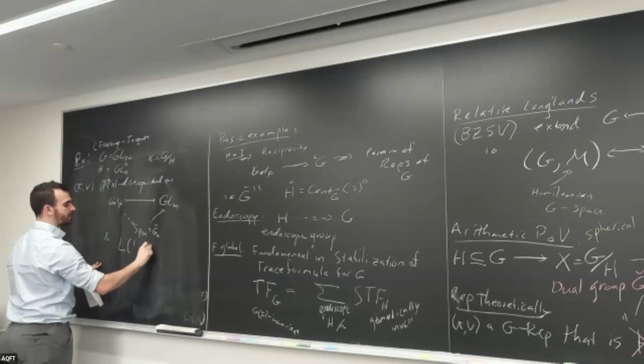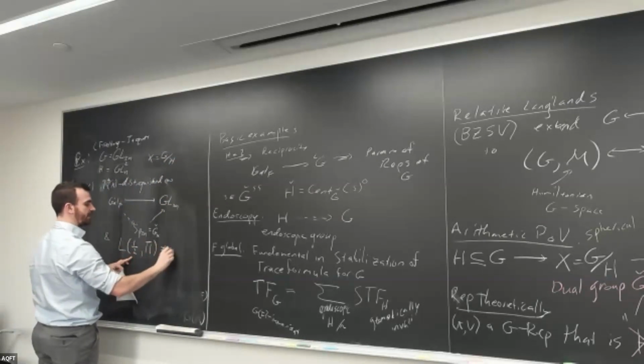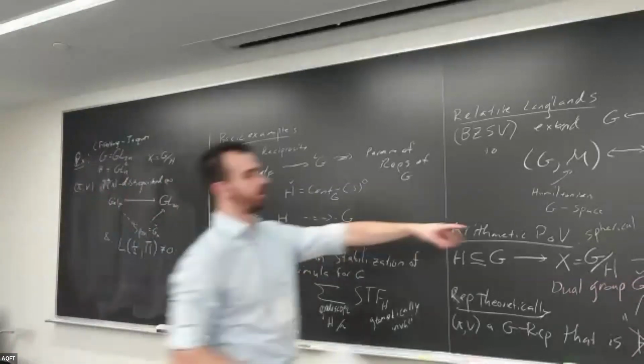If you look at the standard L function, the Goldman-Jacquet L function, its central L value is non-vanishing. So this is a quintessential example of this sort of theorem.